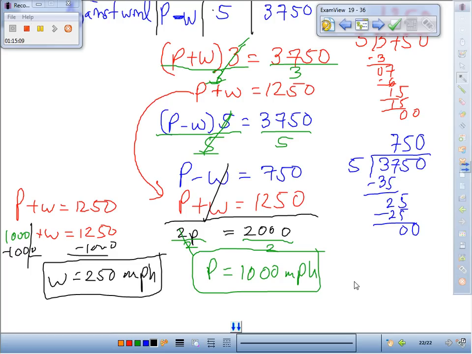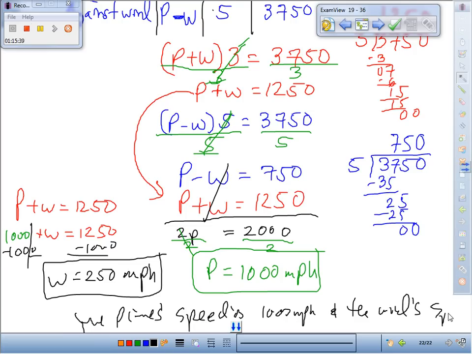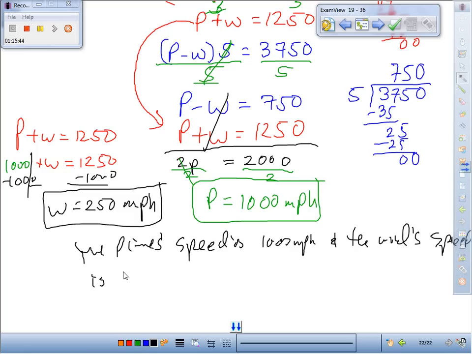So, what is our statement? The plane's speed is 1,000 miles per hour, and the wind speed is 250 miles per hour.